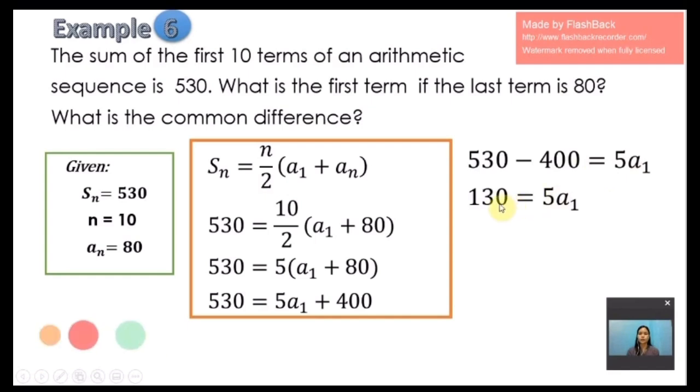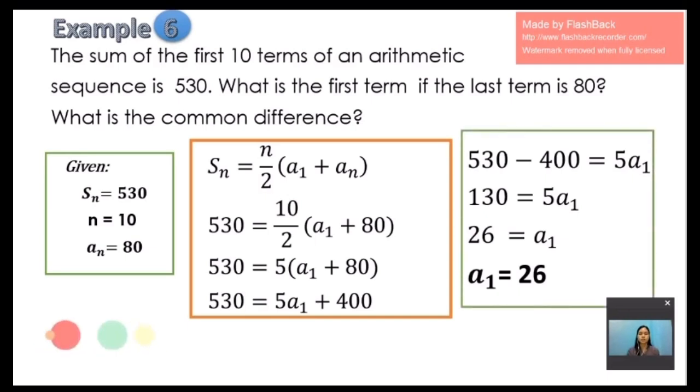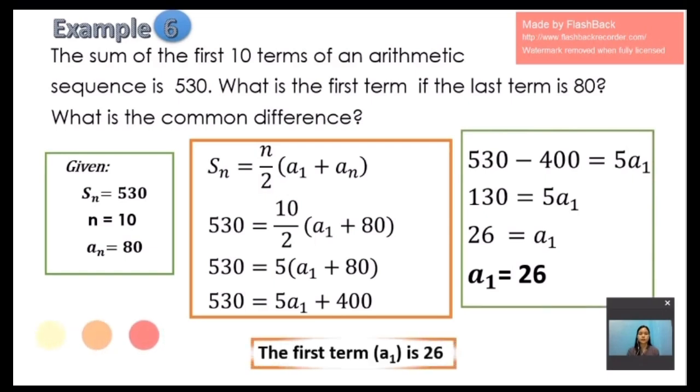Then we have 130 is equal to 5a sub 1. Divide both sides by 5, we get 26. So a sub 1 is 26. Therefore, the first term a sub 1 is equal to 26. So 26 is the answer to the first question: what is the first term of the given arithmetic sequence?